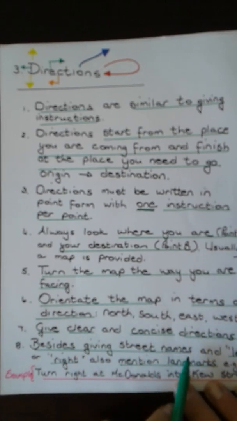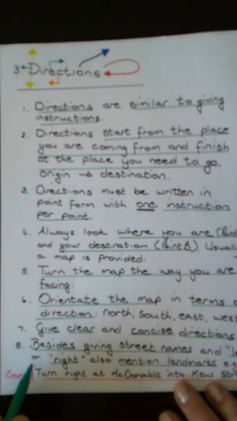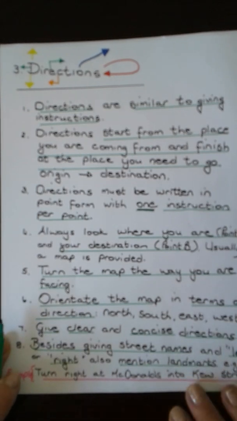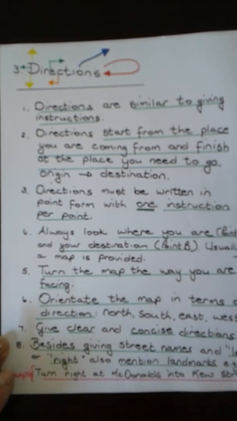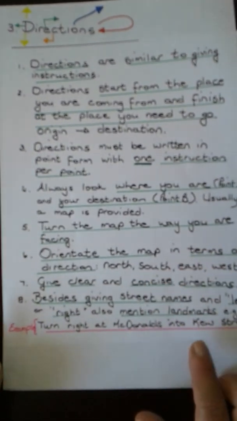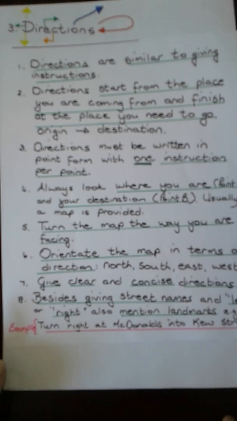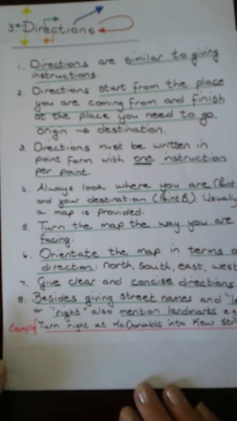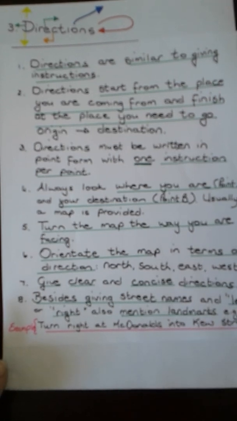Besides giving the street names and turn left and right, also mention that people look out for landmarks when you are driving, okay? Turn right at McDonald's into Q Street. Carry on straight, cross over Malvern Street, Botha Street and Toy Street.